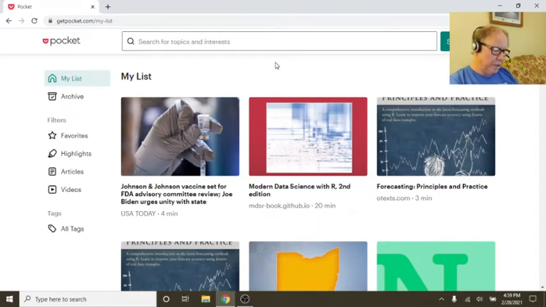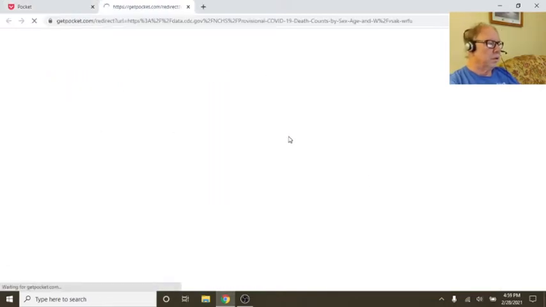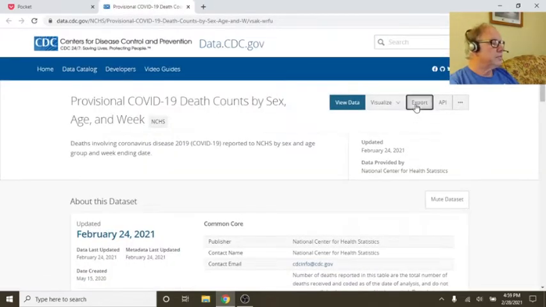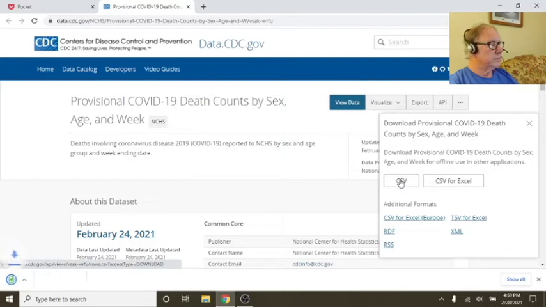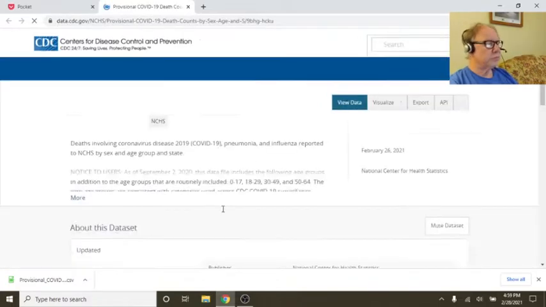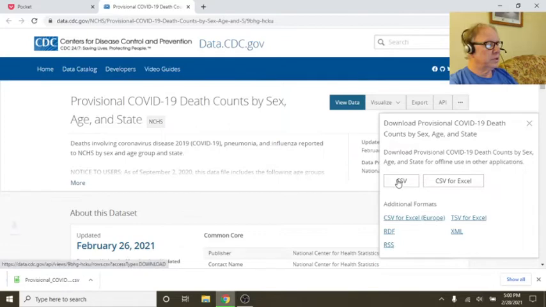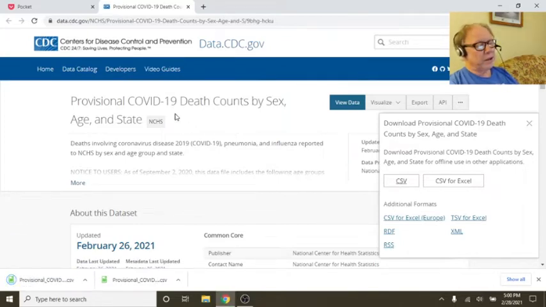Let's try sex. So here's one. And here's two. Two different data sets, or say provisional COVID-19 deaths.